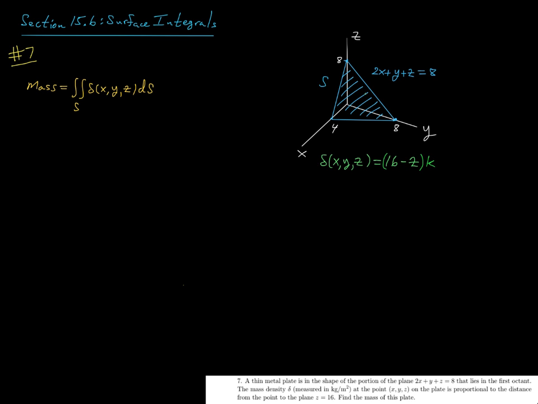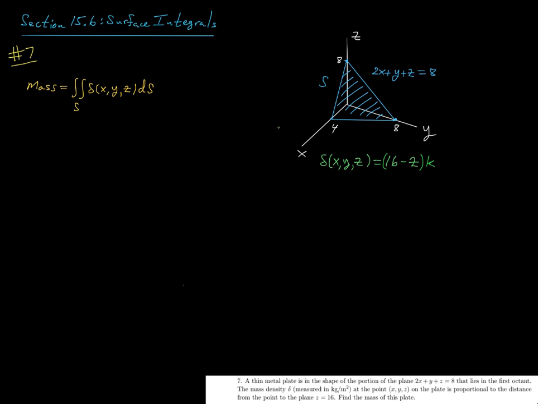If I choose any point on this blue plate, its z coordinate is going to be less than or equal to 8, and the plane z = 16 is up here. So I just want the difference between the height of 16 and the altitude of our point, which is the point's z coordinate. So 16 minus z, and then we have this constant of proportionality, k.